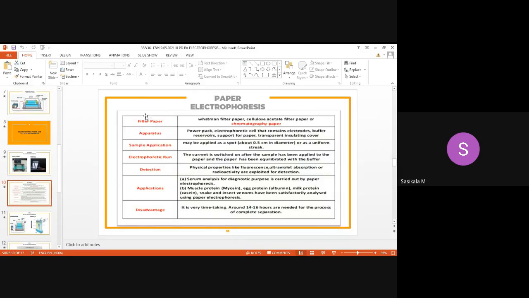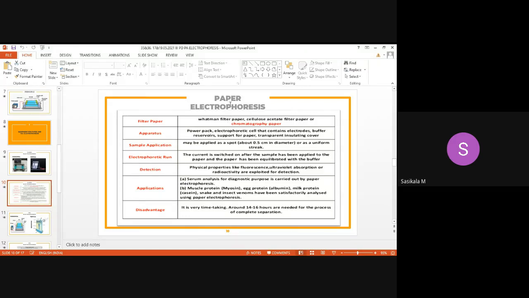Here we can see the parts with a description of paper electrophoresis. For the filter paper stationary phase, Whatman filter paper, cellulose acetate filter paper or chromatography paper can be used. Mostly Whatman filter paper is preferred, but according to the nature of the sample we could choose any type.